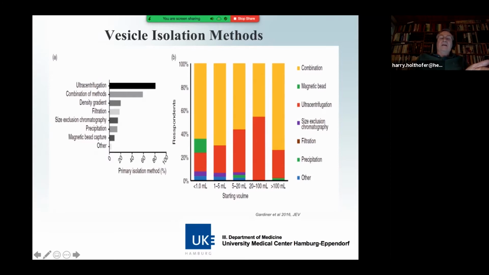Depending on the availability and volume of the sample to be analyzed, there seems to be reasonable selection and basis for selection of these different methods, and you can see how, for instance, precipitation-based methods are used more in the smaller sample volumes, whereas they are much less useful in sample volumes bigger than 100 milliliters.